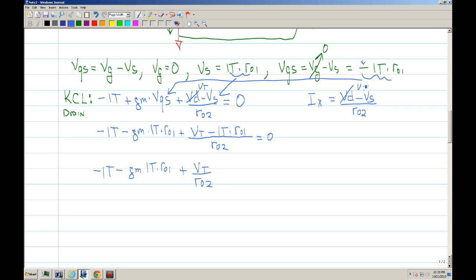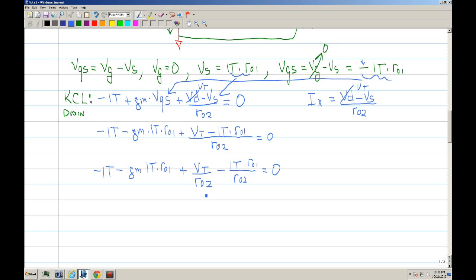Yes. Oh, if you notice, there's a negative for VS. Is that right? No, it's right here. Yeah, that's right. And it should be a negative IT R sub 2 and R 1 equals 0.